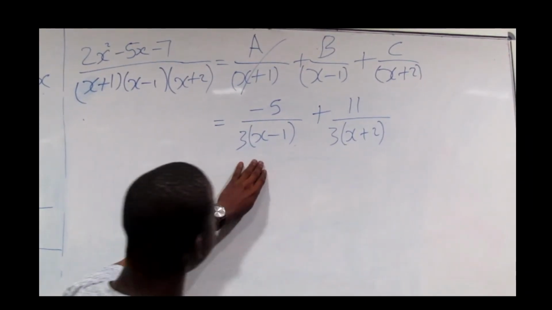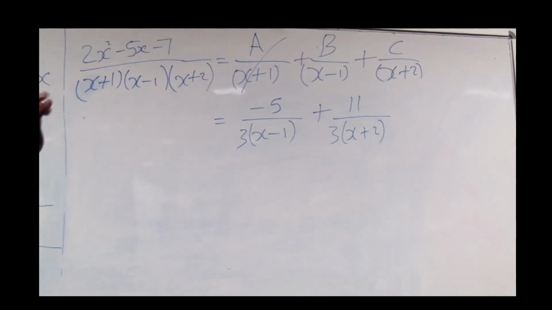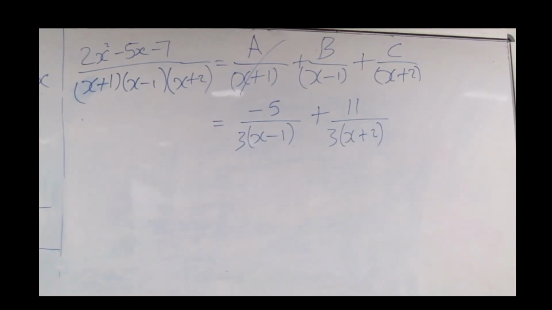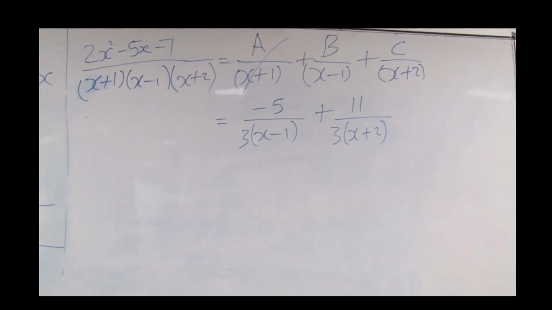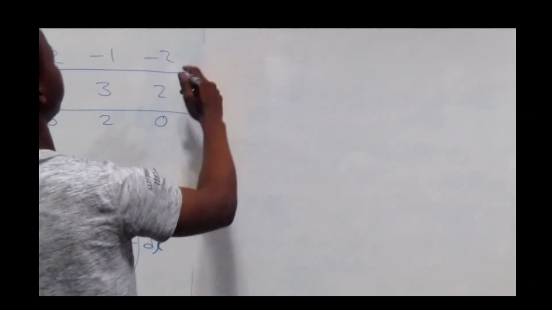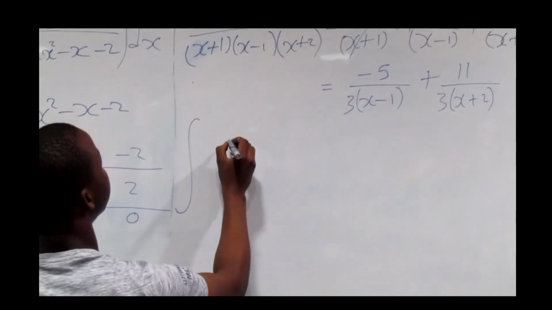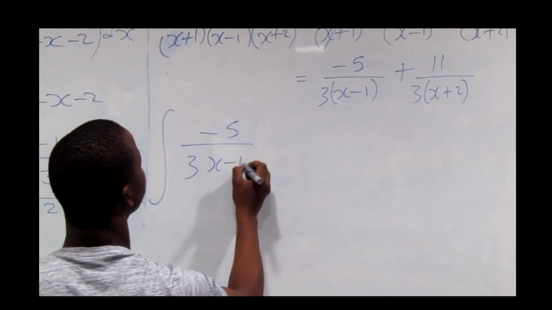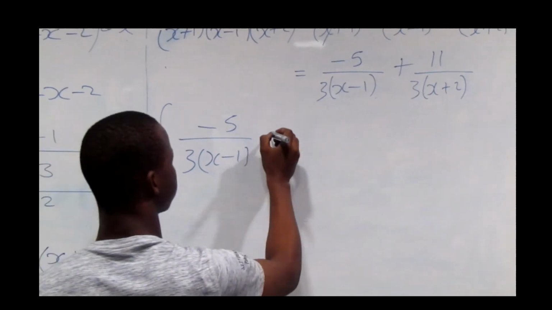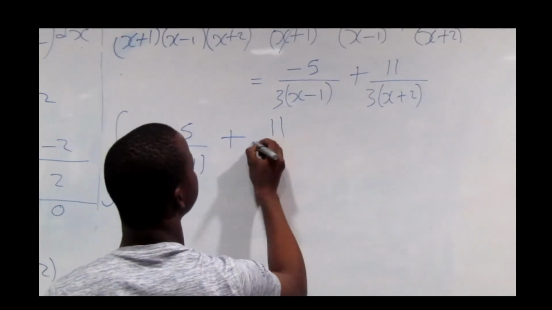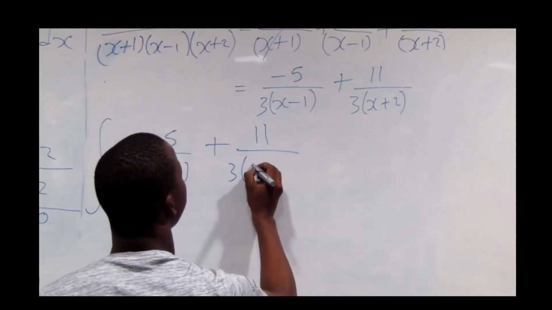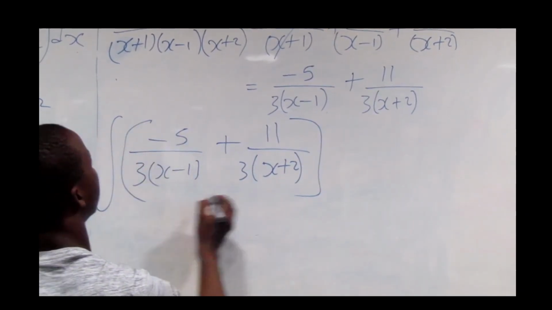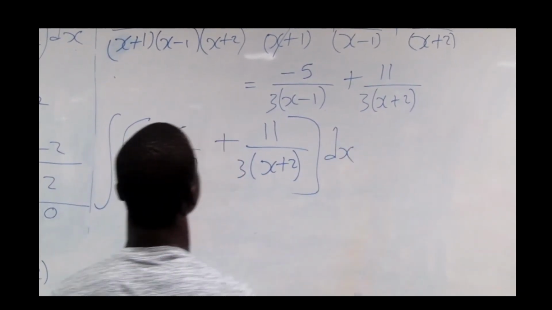Then from here, we take this equation and substitute it here. Instead of this, we substitute that equation, which is going to give us negative 5 over 3 times x minus 1, plus 11 over 3 times x plus 2, dx.